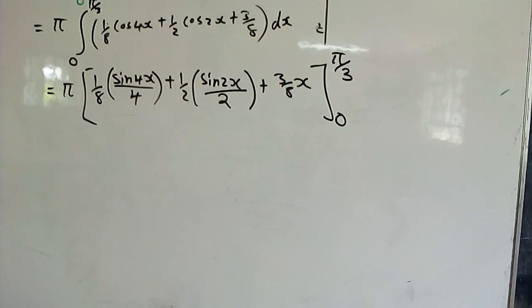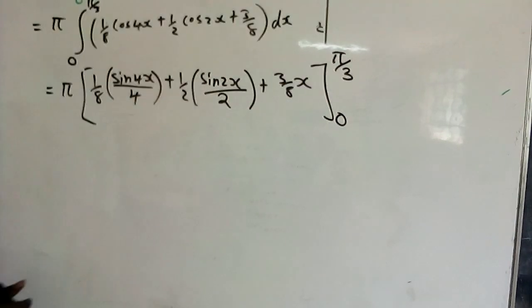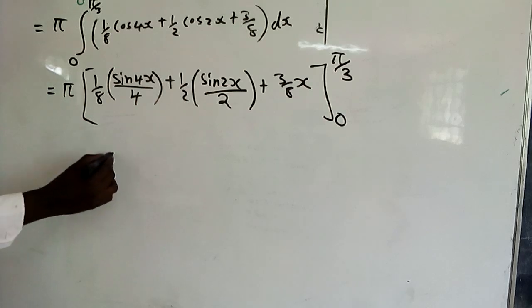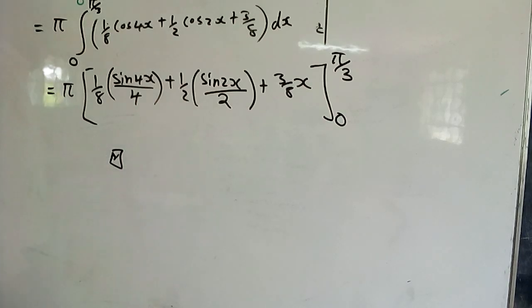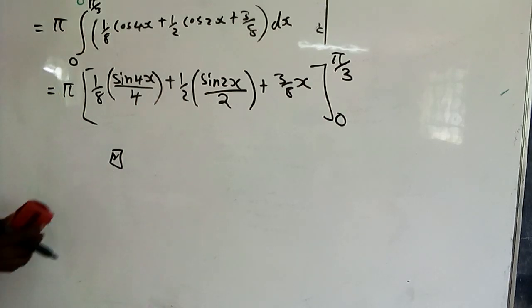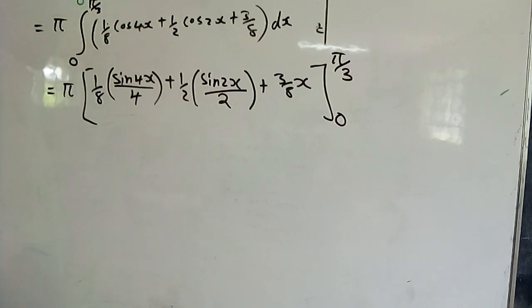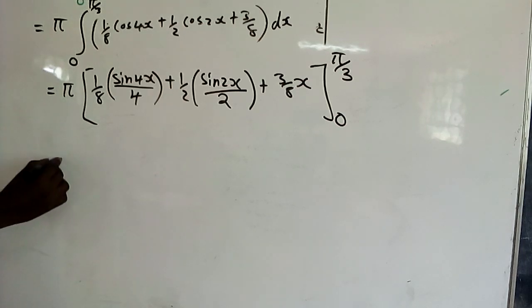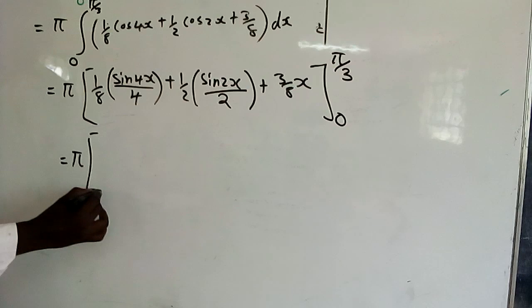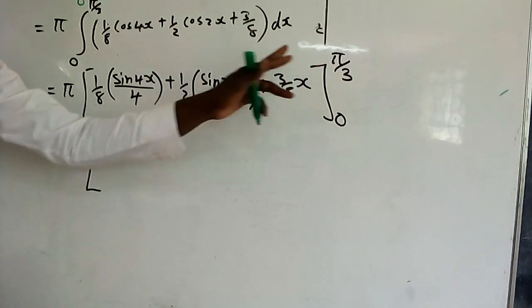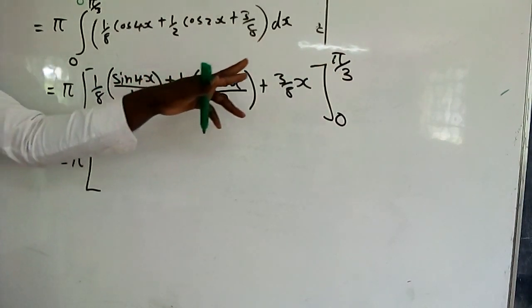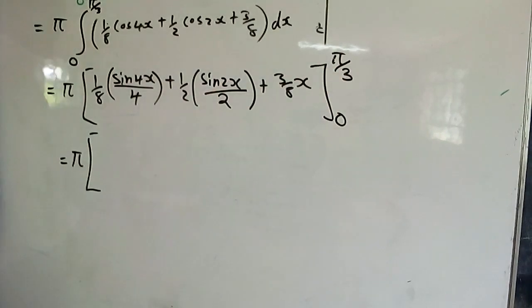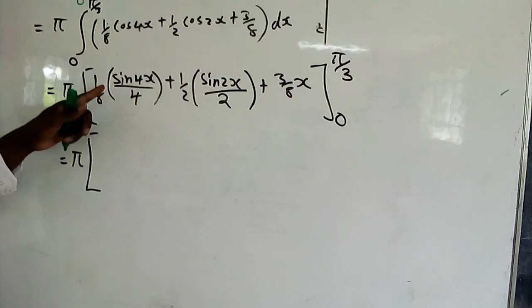Remember, you are working in pi radians, so your calculator must be in R, not D. So let us start with the upper limit. We have pi outside, then the upper limit, sine pi over 3. Where there is x, you put pi over 3.